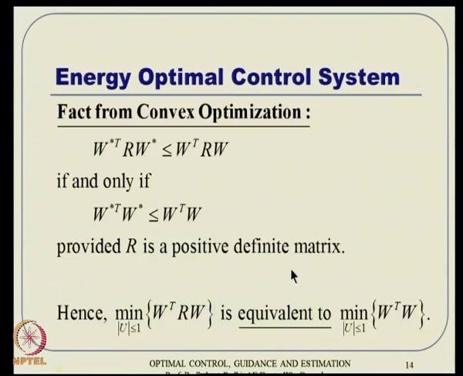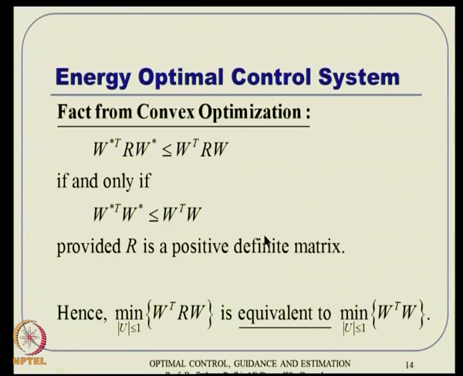Now, here is a trick. It is a fact from convex optimization that this inequality is true if and only if this inequality is also true. There is a cursory proof in the book, it is not very rigorous, but if some of you want to see it, you can see that. So, this inequality is true if and only if this inequality is also true, provided R is a positive definite matrix.